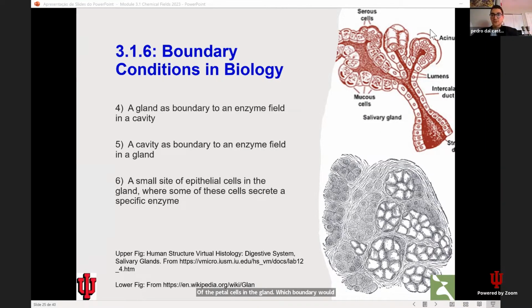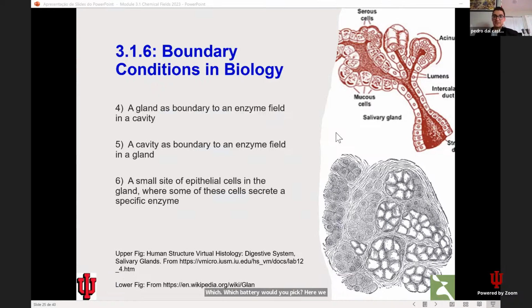Which boundary would you use? You are modeling a small site of epithelial cells in a gland. The gland is very big. Which boundary would you pick?